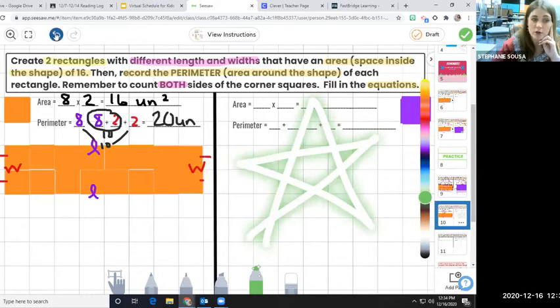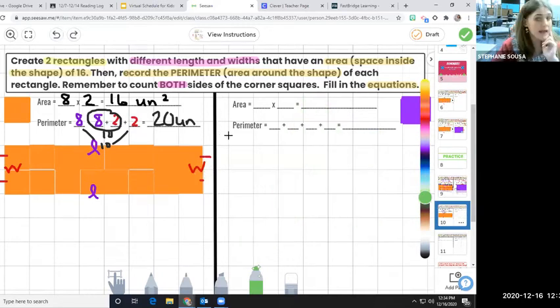What other two numbers that are not 8 or 2 multiplied together to give you an area of 16? Okay, so you're going to figure out what other factors multiply to give you an area of 16, and then you'll find the perimeter. Okay, that is what you are getting ready to go to breakout rooms to do, and then we will check it together when we get back.